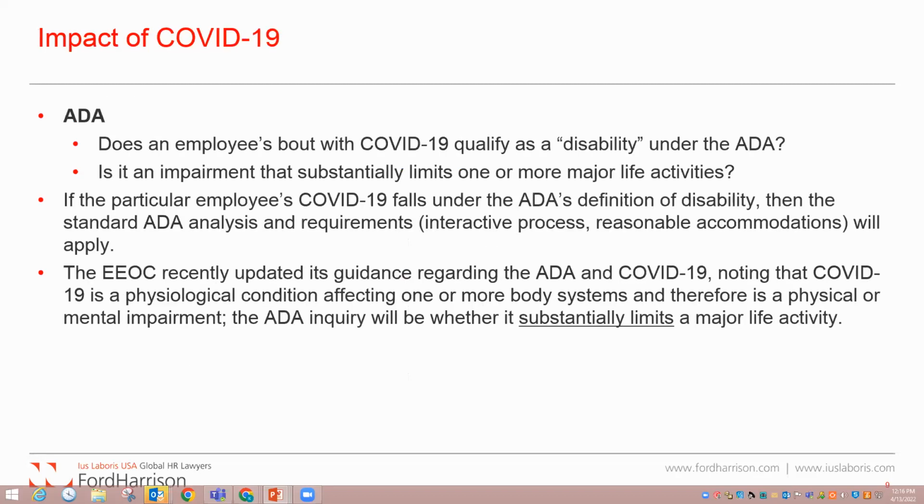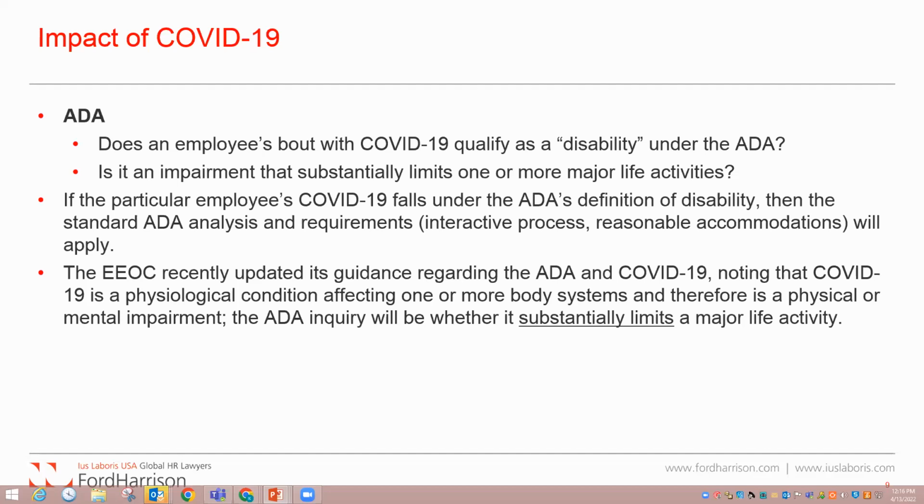So COVID-19, does an employee's bout with COVID-19 qualify as a disability? Well, it depends. Many people that have COVID-19 or have had COVID-19 simply had a week of not feeling very well, or perhaps even tested positive and had not one symptom at all, and were completely shocked when that individual found out that they were positive.